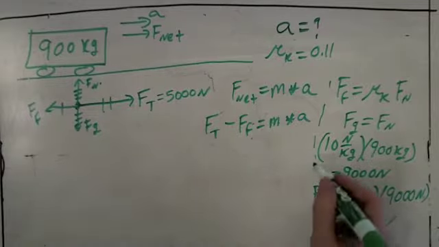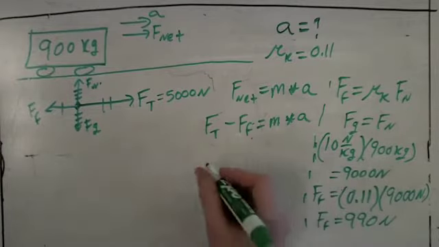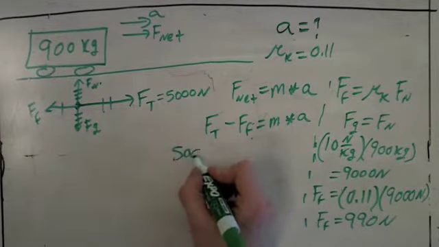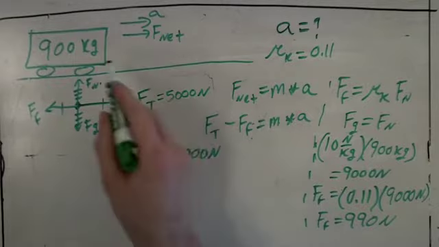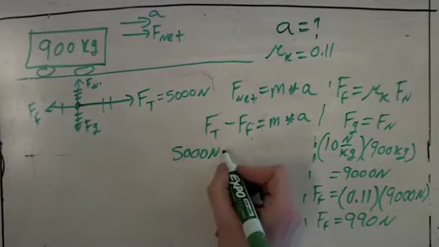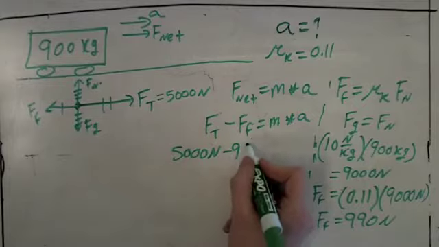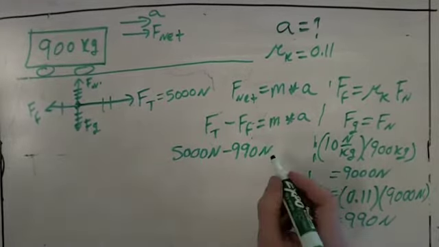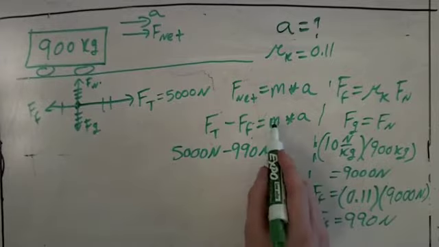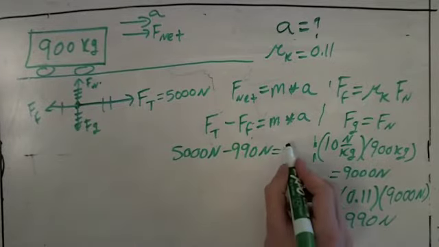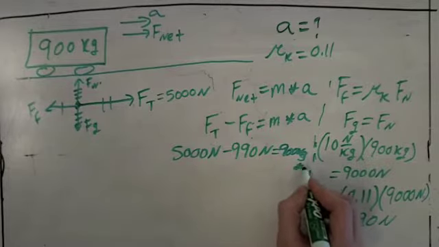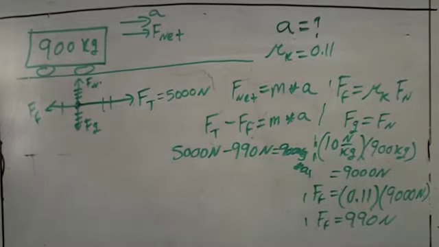Okay. Now I can come back to my original statement here. I know the traction force, the force that the engine's pushing forward on the car. I know the force of friction, and I know the mass of the object that's accelerating, 900 kilograms. Well, now I'm pretty close to solving for my solution here.